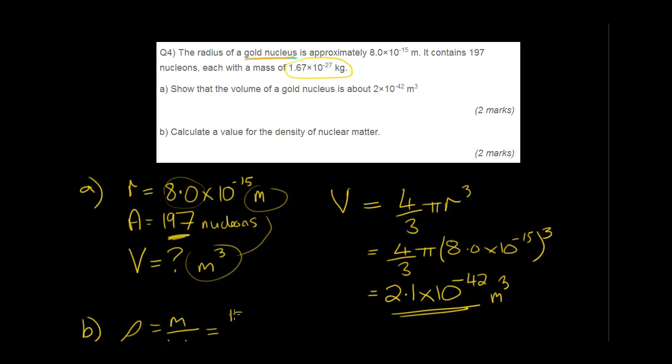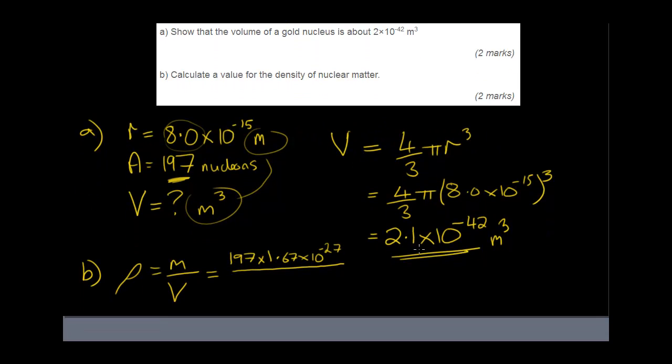So we go 197 nucleons times 1.67 times 10 to the minus 27, divided by the volume we've just worked out, 2.1 times 10 to the minus 42.